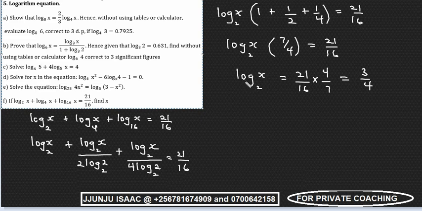Now we can eliminate the log, so x will be equal to 2 power 0.75. So our x is going to be equal to 1.6818, and that is the value of x.